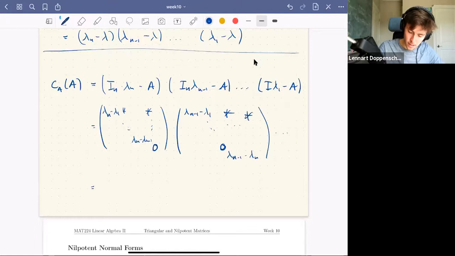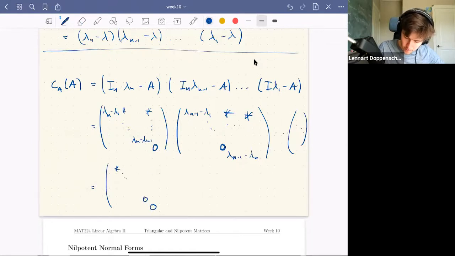Now I guess there's an argument to be made, which I'm not going to be very precise about. If you multiply all these matrices that follow as well, then the first two will be upper triangular, except the lower two will be 0.